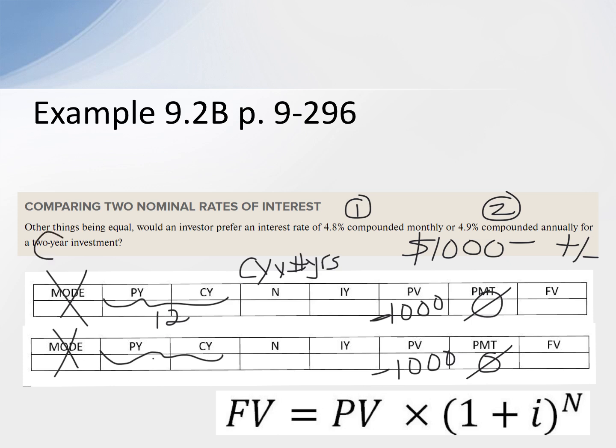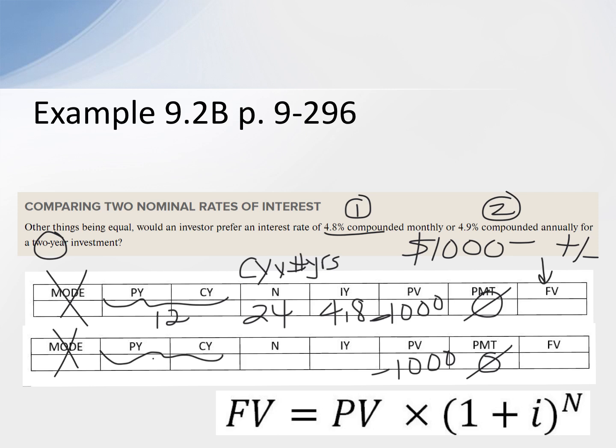In this case, we're told it's a 2-year investment. So our N in the first case here is 12 times 2, which is 24. Compounds 12 times 2 years, 24. Our IY is given as 4.8, and we're going to be computing the future value.